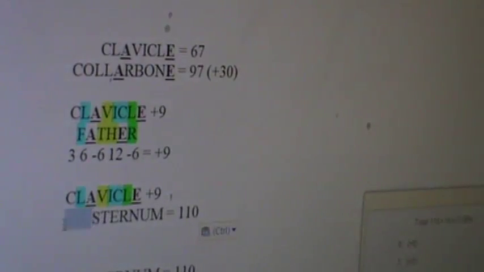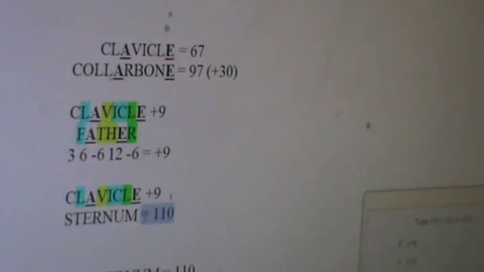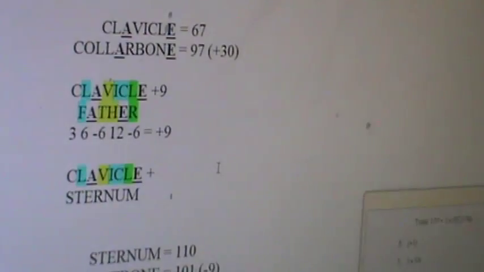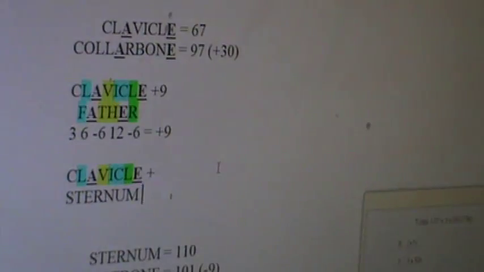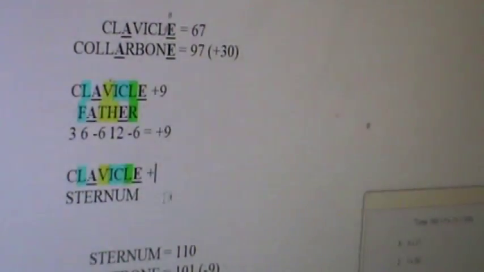Clavicle plus sternum is going to add to what? 177, which divides by 3, of course. And there are other bones that will link together. Clavicle plus sternum divides by 3. And then you can also try clavicle plus breastbone. That's 168. God is sovereign.